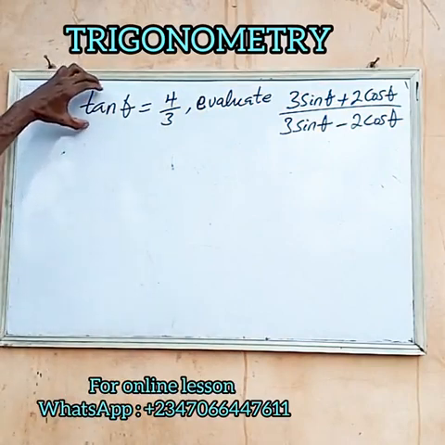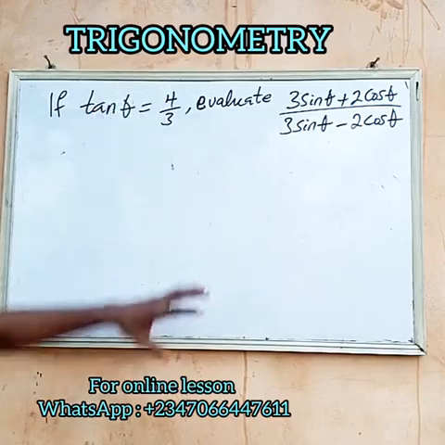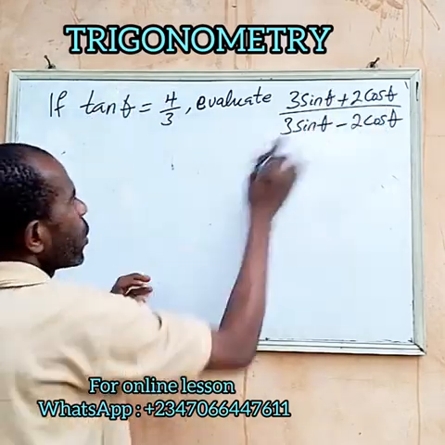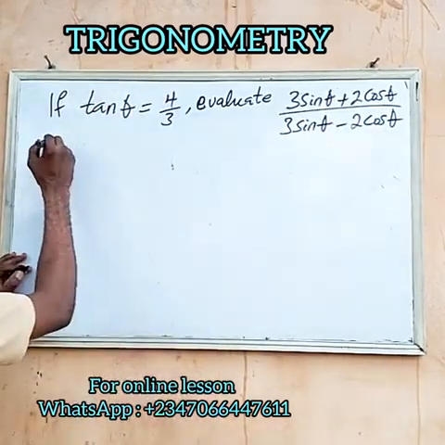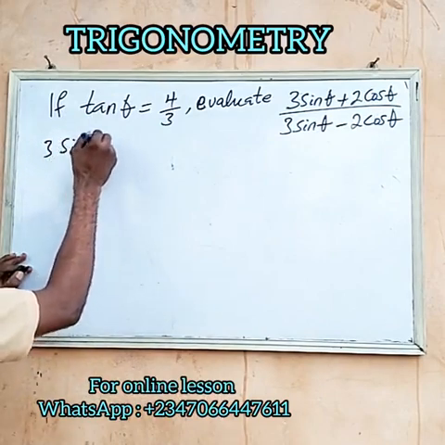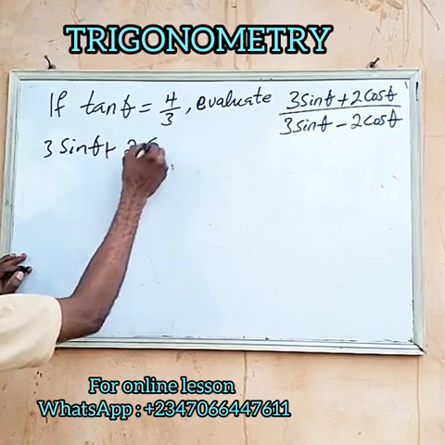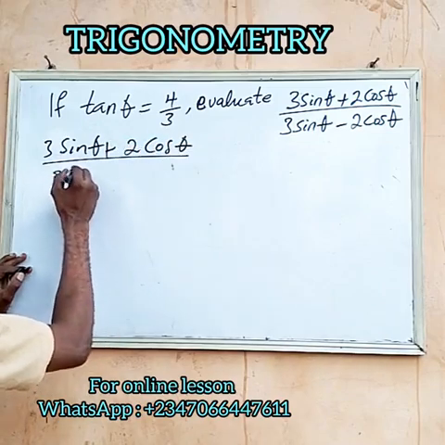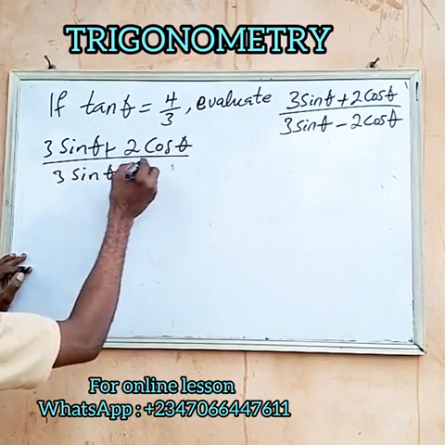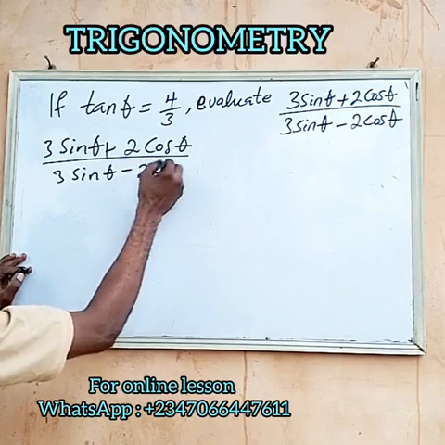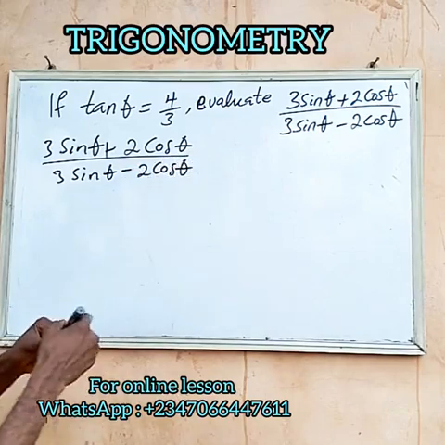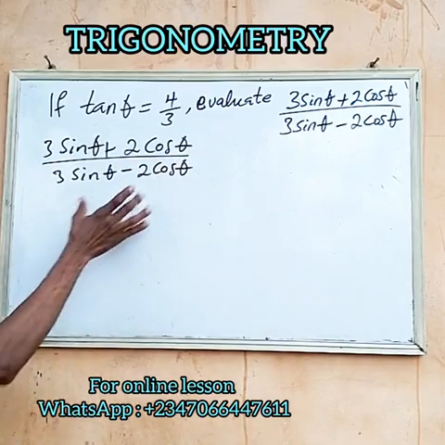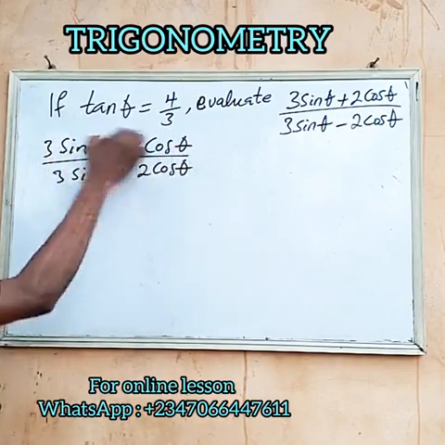Since we are given our tan theta is equal to this, I want to look for a way to manipulate this expression here, where we have 3 sine theta plus 2 cos theta all over 3 sine theta minus 2 cos theta. I want to look for a way I can manipulate this and get my tan theta.